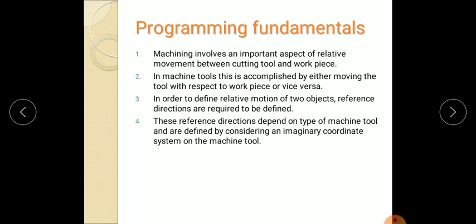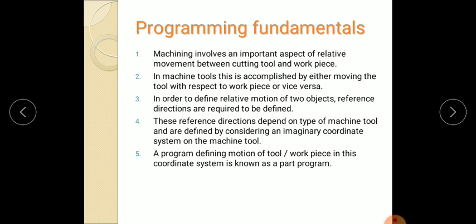This reference direction depends on the type of machine tool and is defined by considering an imaginary coordinate system on the machine tool. A program defining motion of a tool or workpiece in this coordinate system is known as part programming.